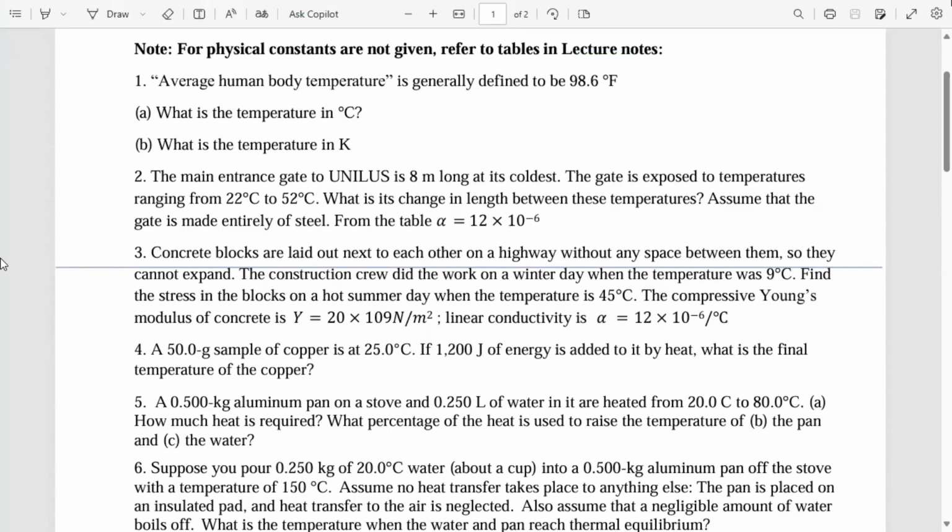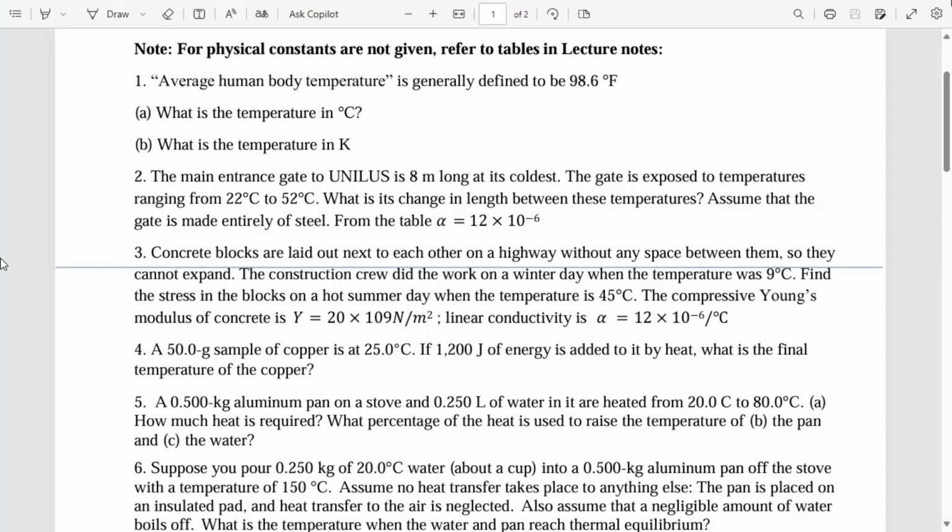Okay, now move on to question 3, which is saying concrete blocks are laid out next to each other on a highway without any space between them, so they cannot expand. The construction crew did the work on a winter day when the temperature was 9 degrees Celsius.